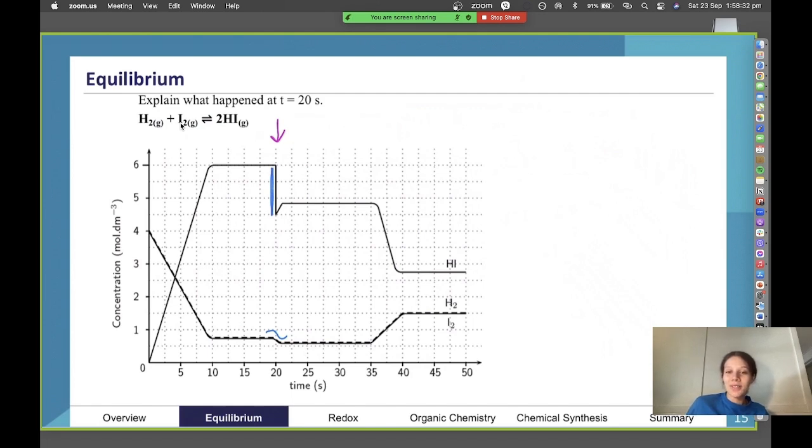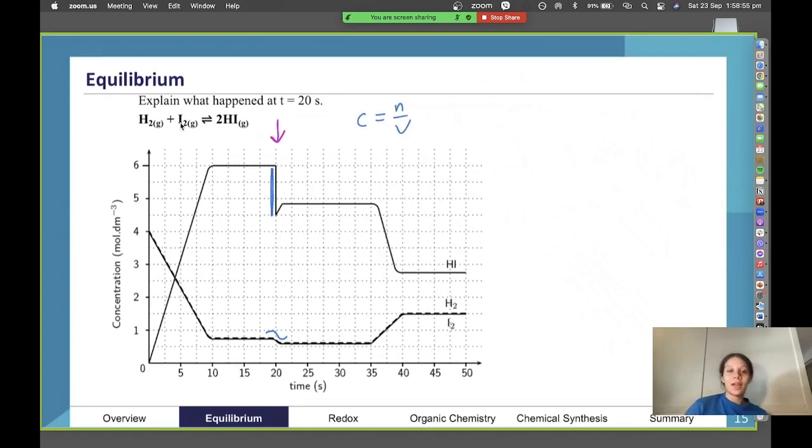It seems like we've done something to the HI. Because we have a spike in that HI going down, that's suggestive that we've just decreased the concentration quite suddenly, because you can see concentration is dropping immediately. If we had a spike in our reactants as well, a sudden change in concentration, because C equals n over V, that would be suggestive of a change in pressure or volume, where we've changed volume for everything, so that's going to change concentration for everything.